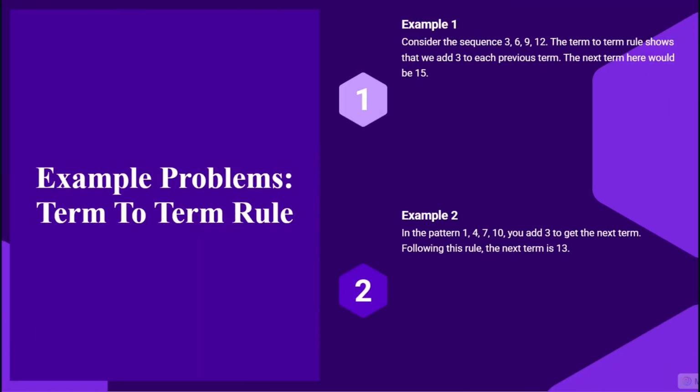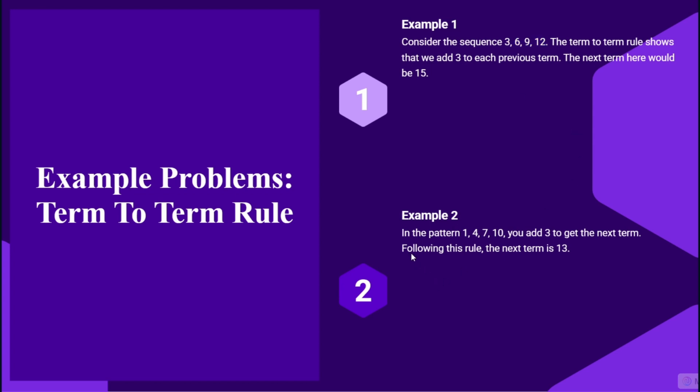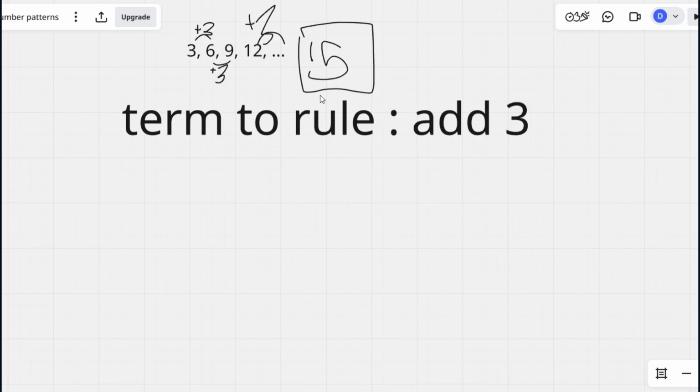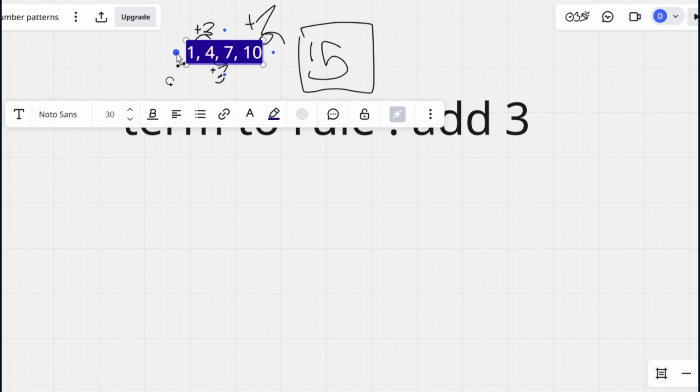Now let's go through these examples. If we consider the sequence 3, 6, 9, 12, just as I mentioned before, we would get 15. Now we're going to this one, 1, 4, 7, 10. Not the previous pattern, but hopefully it would be the same type of term rule.